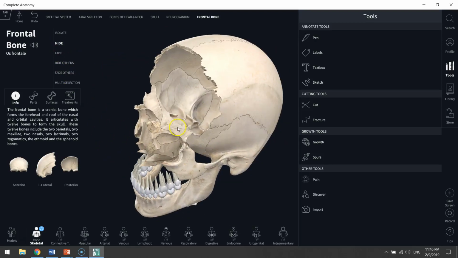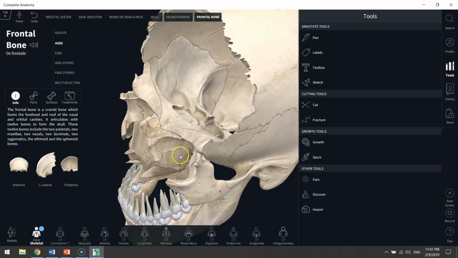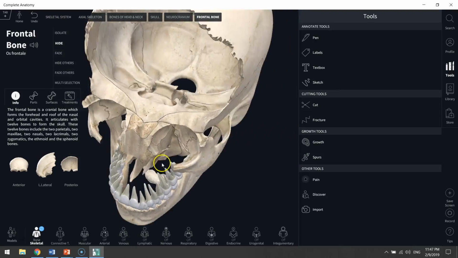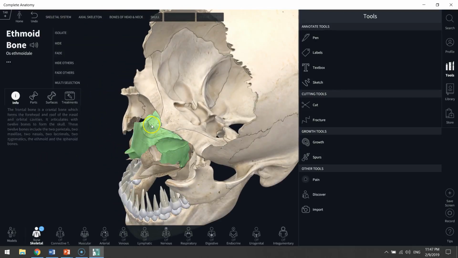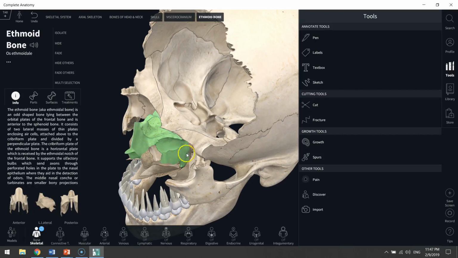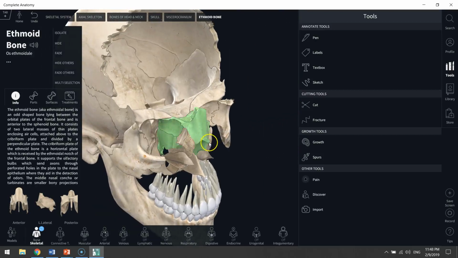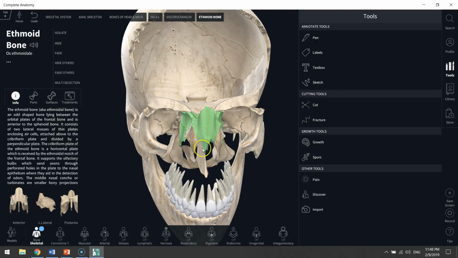The cribriform plate, as I said, houses the olfactory nerve or olfactory bulb, and midline to the cribriform plate is the crista galli. There is the ethmoid bone.